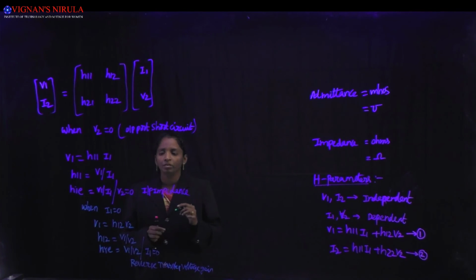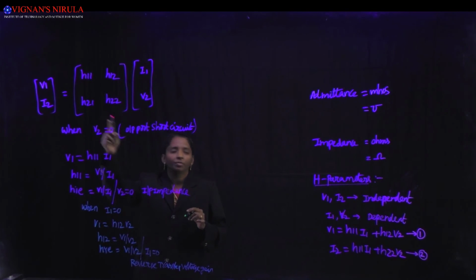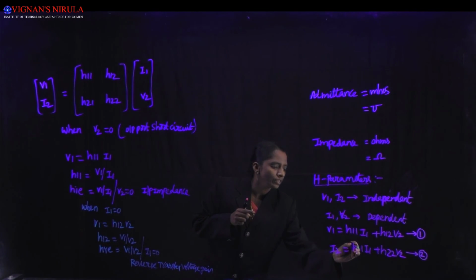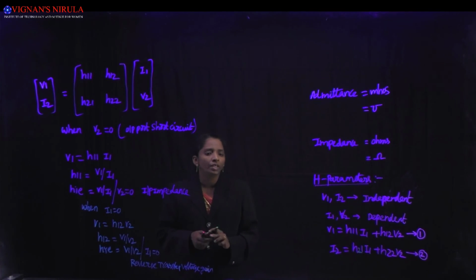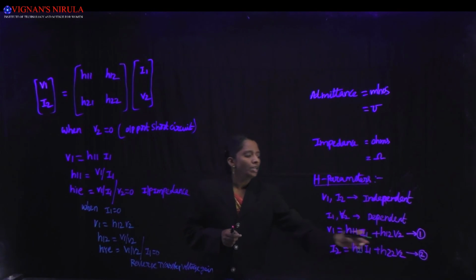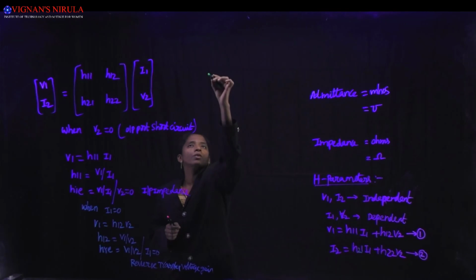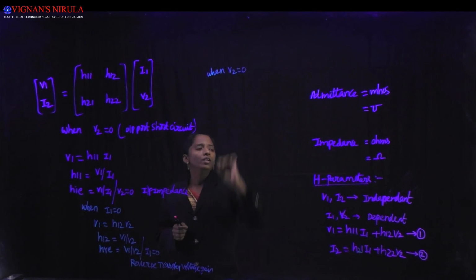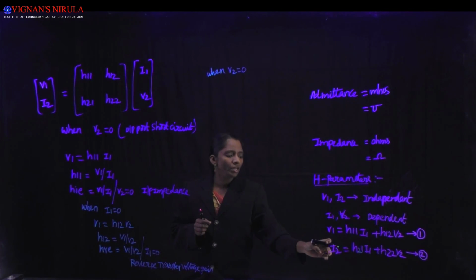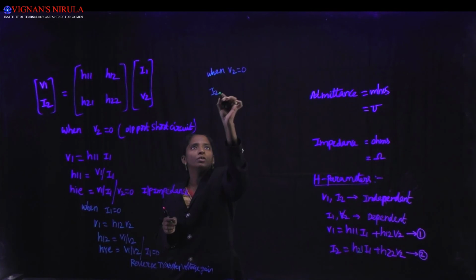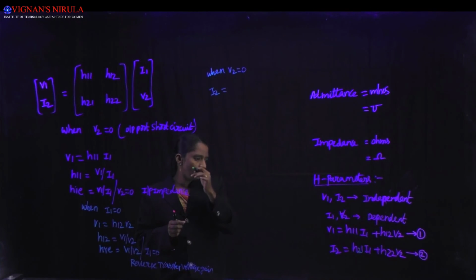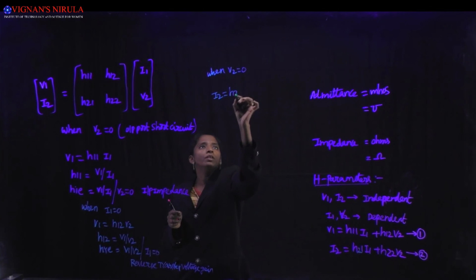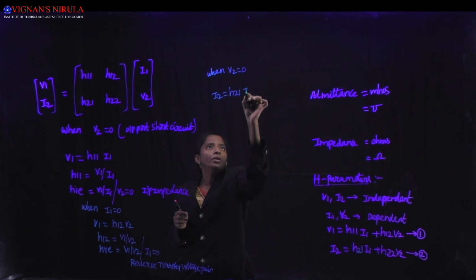Now I am going to calculate H21. To get the H21 value, V2 should be 0. When V2 equal to 0, we are getting I2 equal to H21 I1.